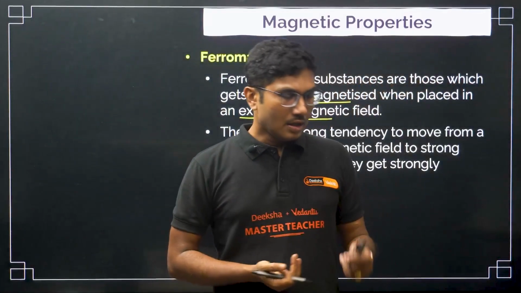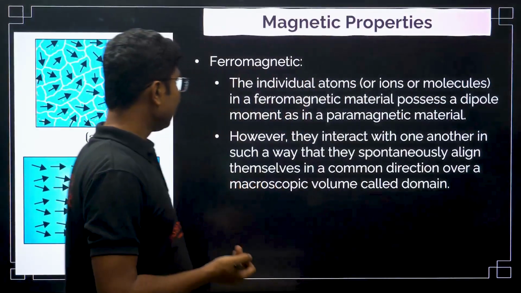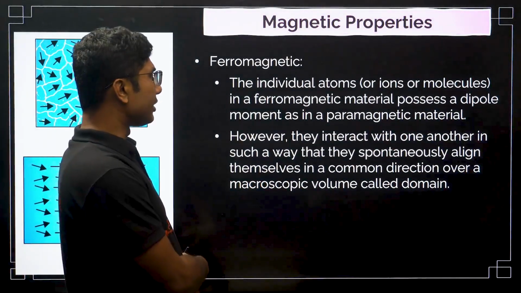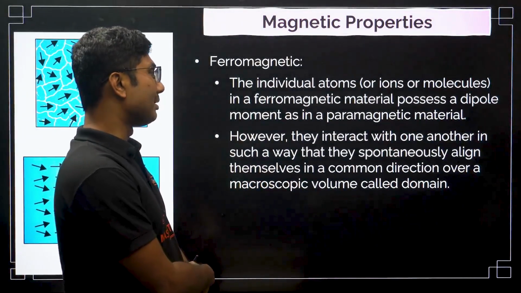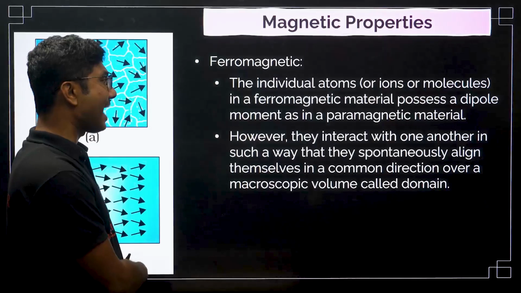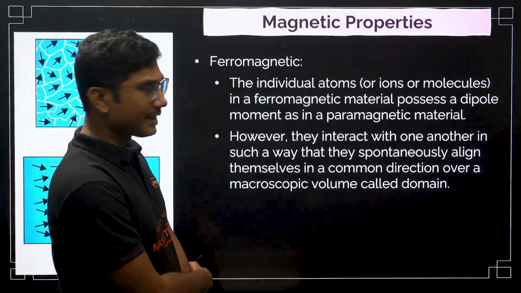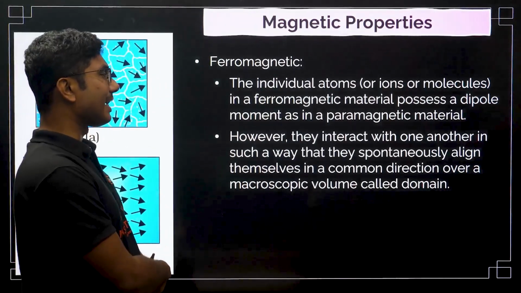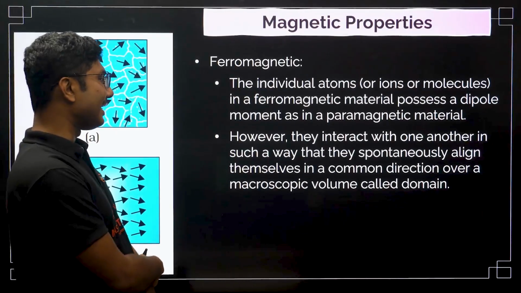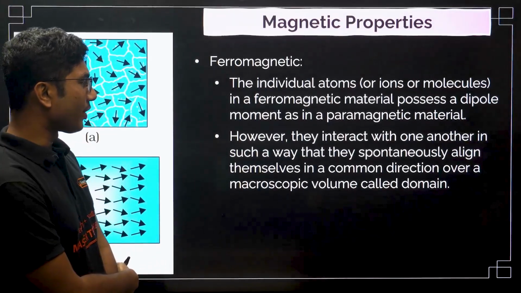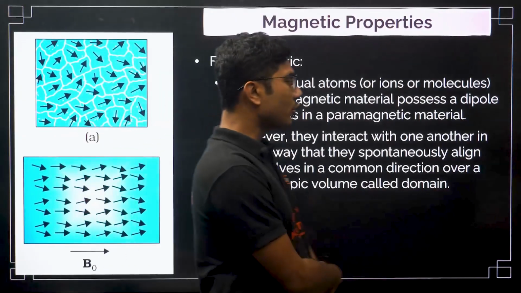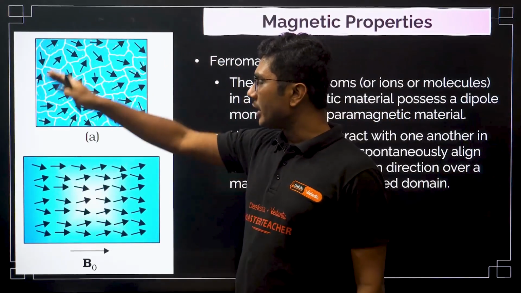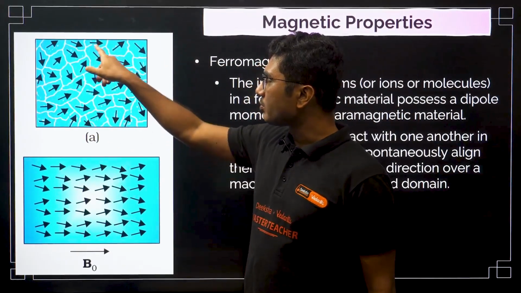Now let's see. The individual atoms or ions or molecules in a ferromagnetic material possess a dipole moment as in a paramagnetic material. However, they interact with one another in such a way that they spontaneously align themselves in a common direction over a macroscopic volume called a domain.